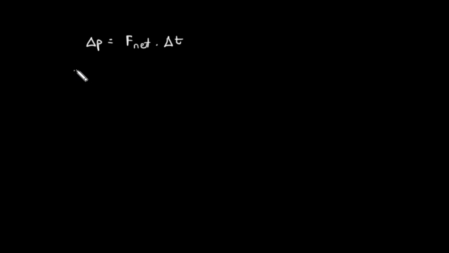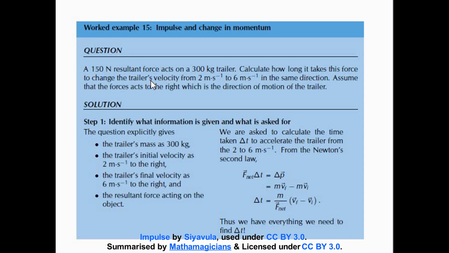So m v f minus m v i equals F net delta t, because this is what the change in momentum is equal to. We remember that from previous videos. So we have our formula.